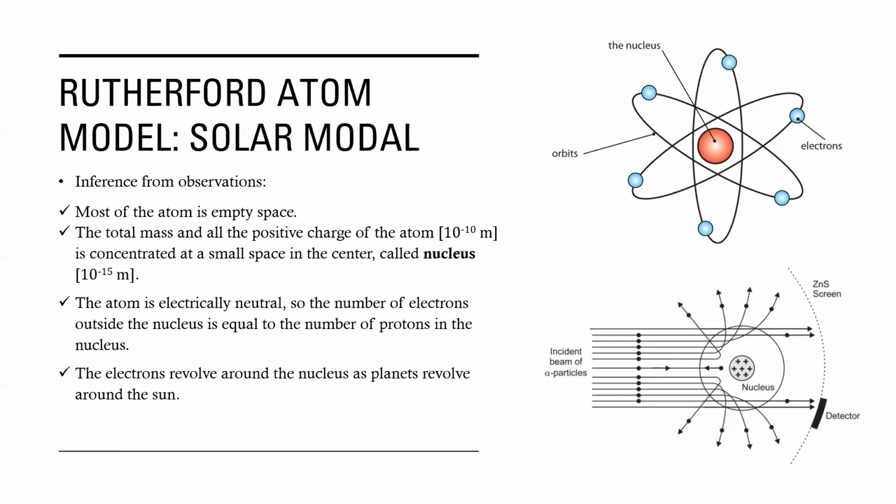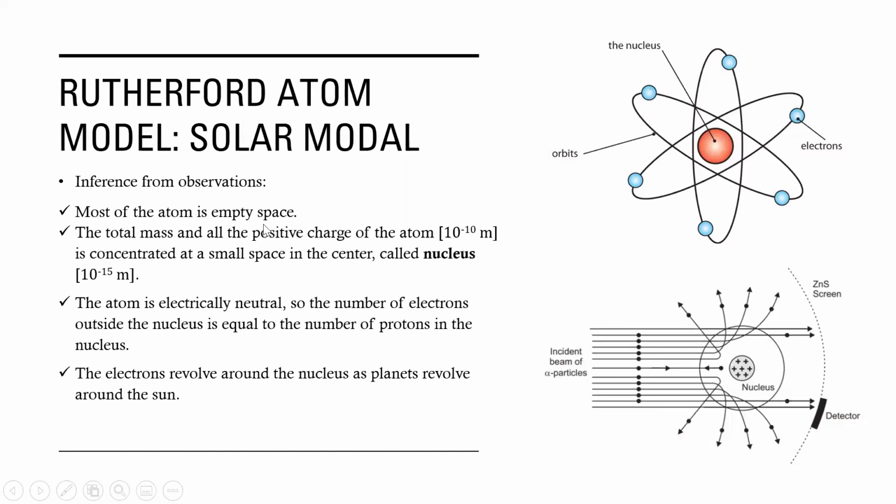That is 1 by a lakh. So the nucleus is very small. An atom will be 1 lakh times bigger than a nucleus. So most of the atom is empty space, and the nucleus occupies a very small place which contains the total mass and all the positive charge of the atom.